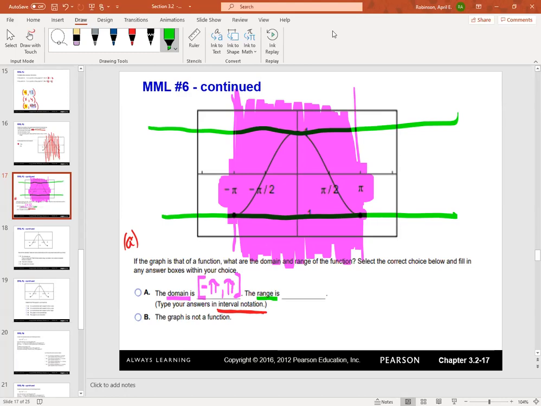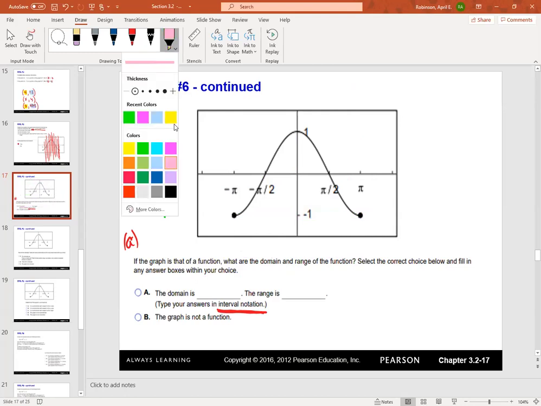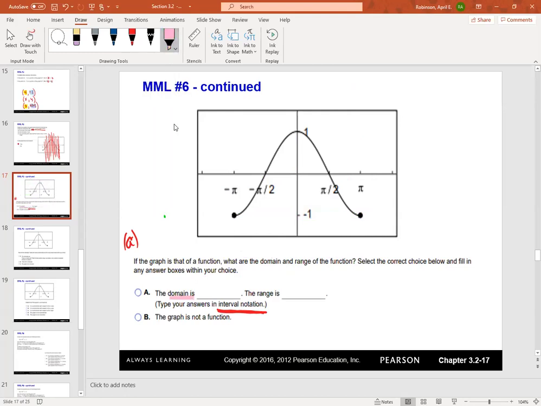Sorry, I should have used a much lighter color for this. Domain goes from left to right, and I'm looking at all of this from left to right. Those are all of my x's from left to right.